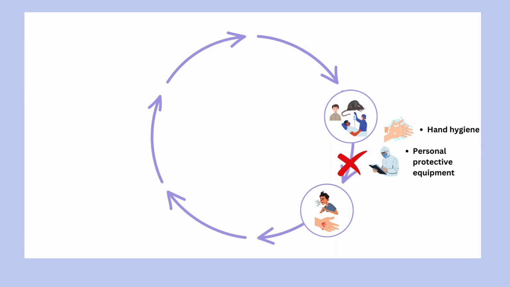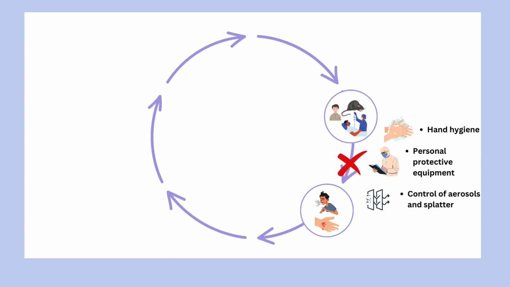Wearing masks, gloves, gowns, and face shields as appropriate, especially in healthcare settings, is also important to prevent the spread of infections. Not only wearing, but also proper donning and doffing technique is important to avoid self-contamination.